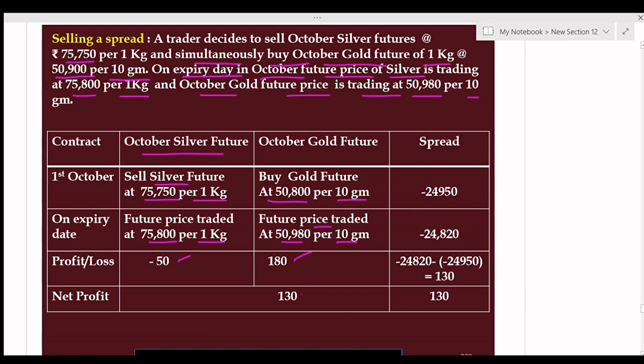Net profit 130. Now come to the spread, that is minus 24,950 and minus 24,820. It is higher than this, so the profit will be minus 24,820 minus minus 24,950. It will be positive 130, so profit will be 130.